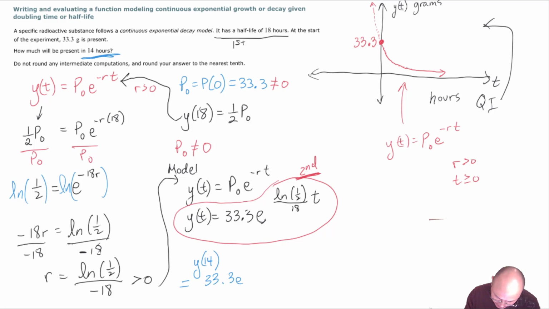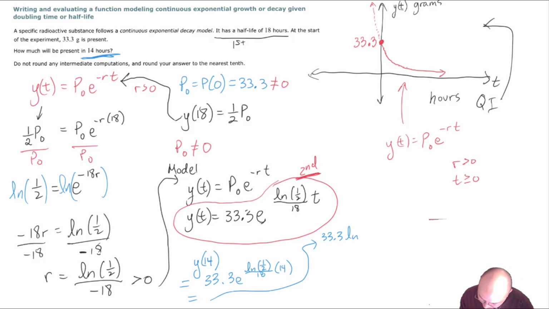33.3 e to the ln of 1/2 over 18 times 14. This is now equal to 33.3, oh, not ln, I misread there, base e, 14 over 18, that's just 7/9, 7/9 times ln of 1/2.